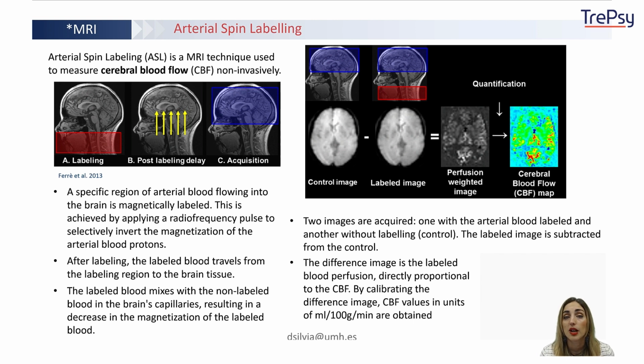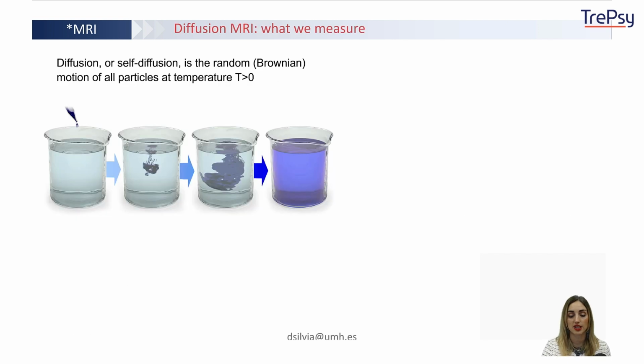If this difference image is calibrated, CBF values can be extracted and quantified in units of milliliters per 100 grams per minute. And these are maps of the cerebral blood flow. This is very interesting again because it can be quantified non-invasively.